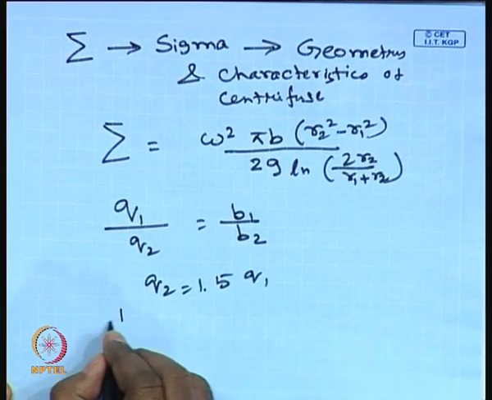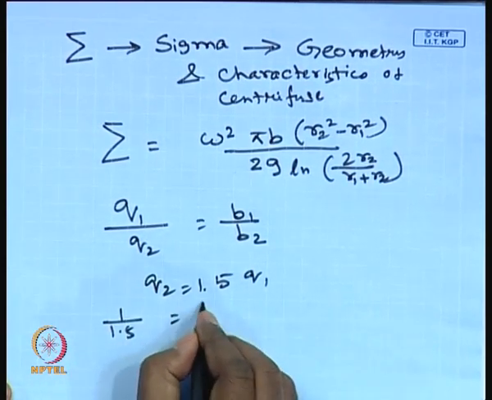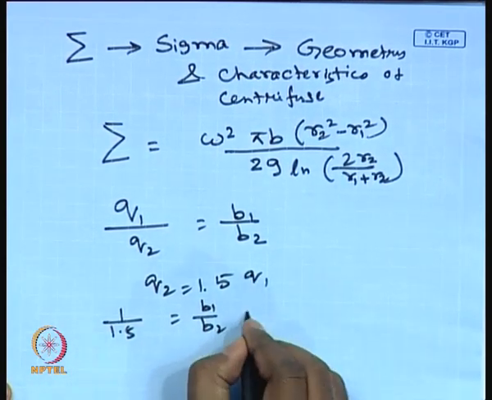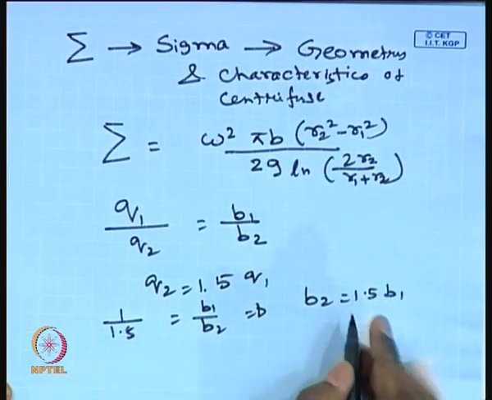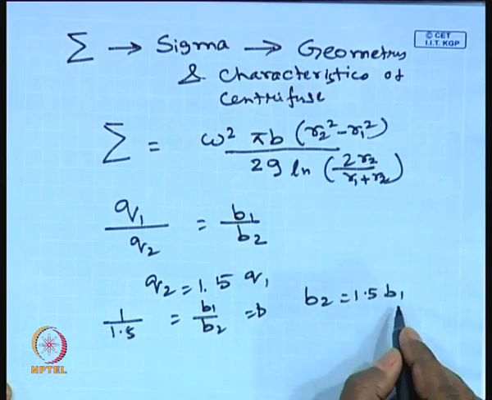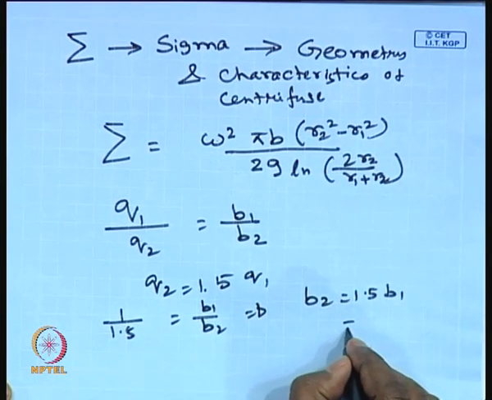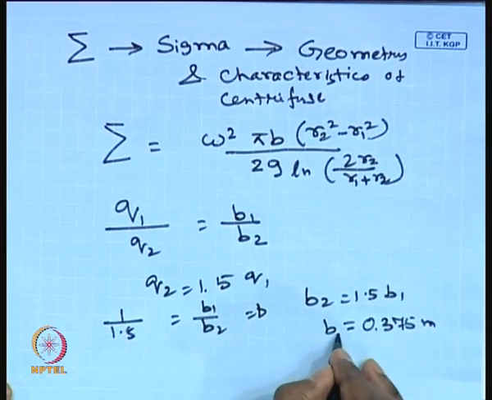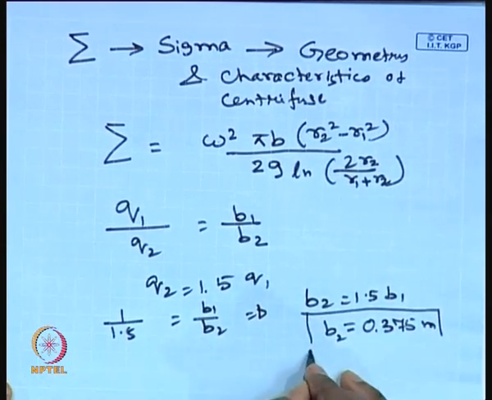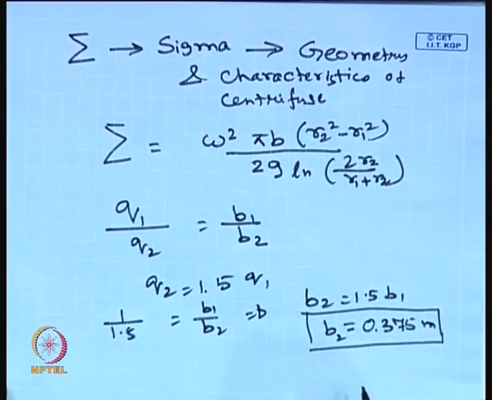So, this becomes 1 by 1.5 is equal to B1 by B2. Therefore, B2 will be 1.5 times B1. Given the value of B1 is 0.25 meter, B2 becomes 0.375 meter. So, the length of the new centrifuge becomes 0.375 meter, whereas the old centrifuge was 0.25 meter.